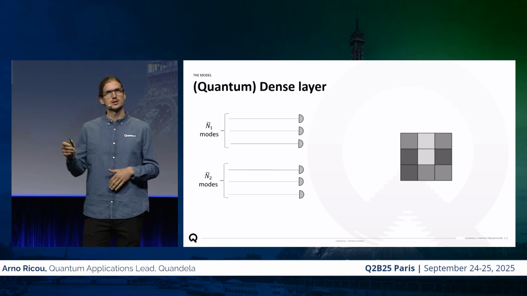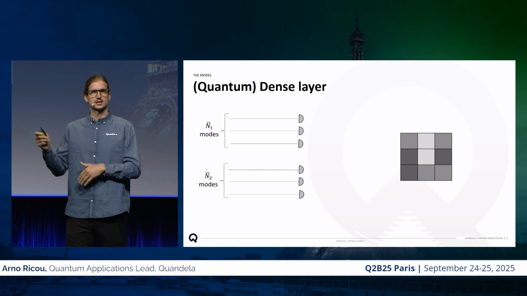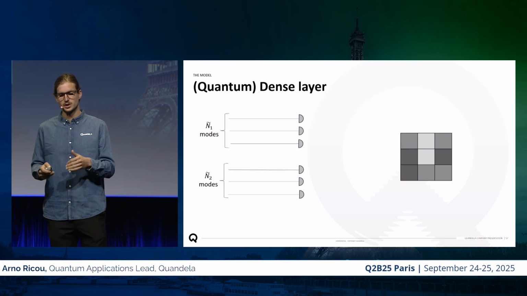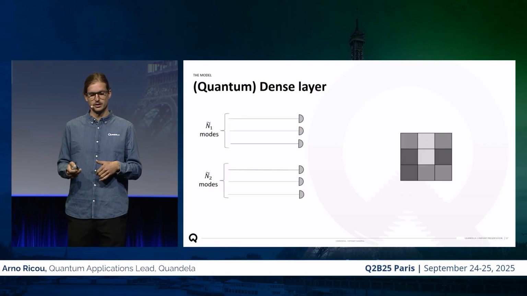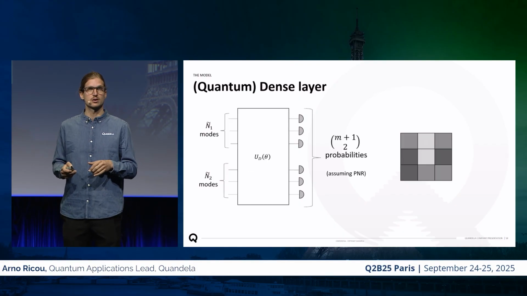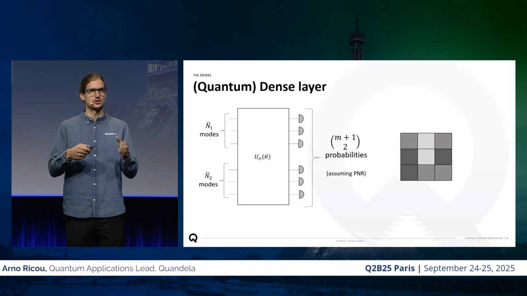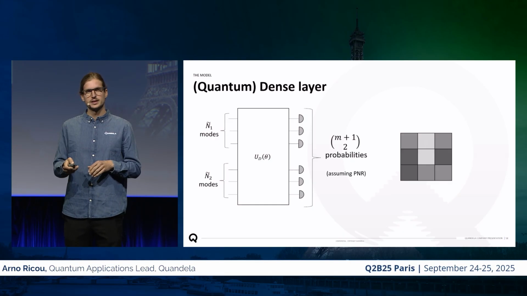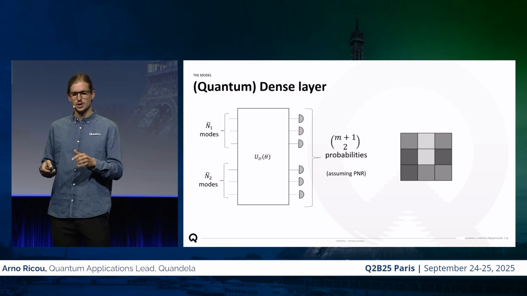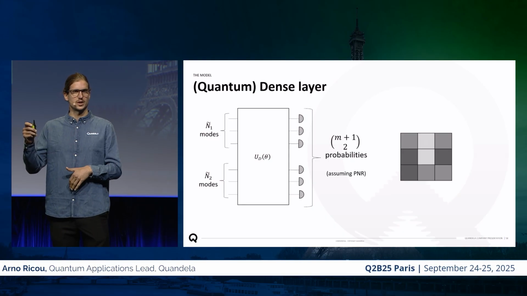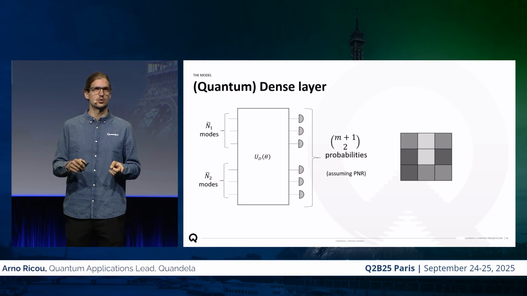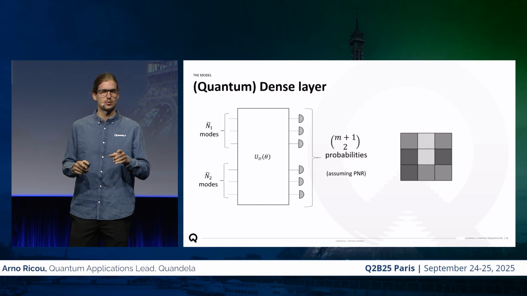And the last part: as you saw before, we had a classical dense layer. In this case, we can also have a quantum dense layer, which is just like a generic interferometer, where we have parameters that we can train. And at the output of this, the probability distribution is quite big. It's 2 amongst m plus 1, with m the number of modes.